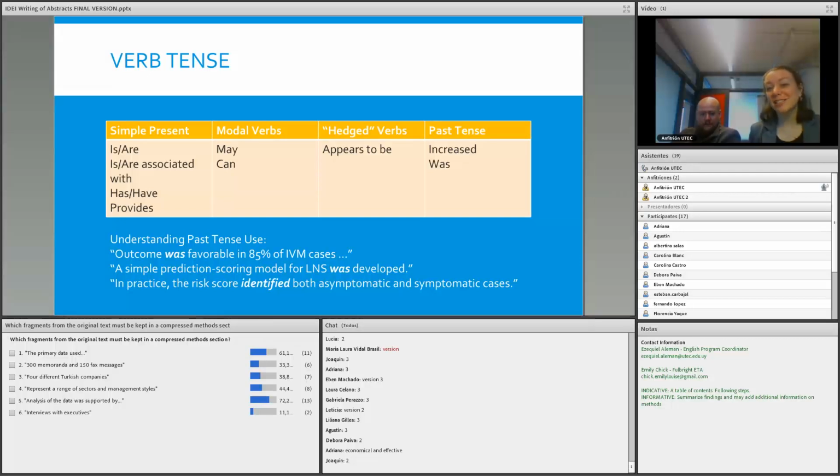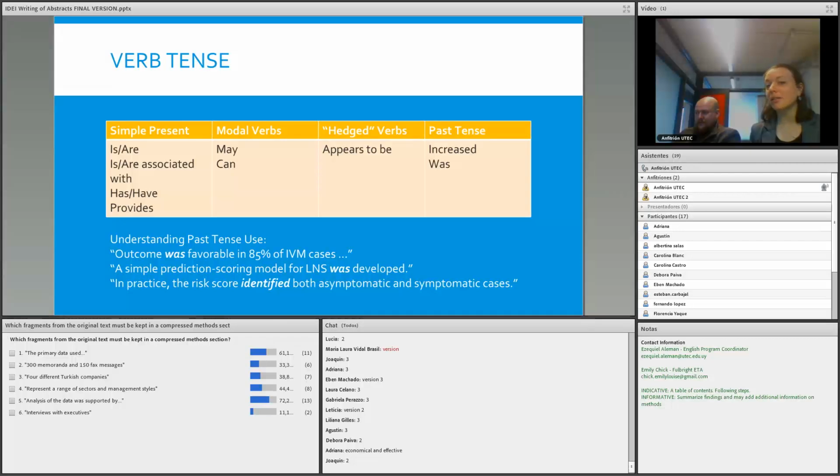There are occasional cases where past tense should be considered, though, and there are a few good examples on the slide. So talking about things like outcome was favorable in 85% of the cases, or a simple prediction scoring model was developed, or in practice, the risk score identified both asymptomatic and symptomatic cases.